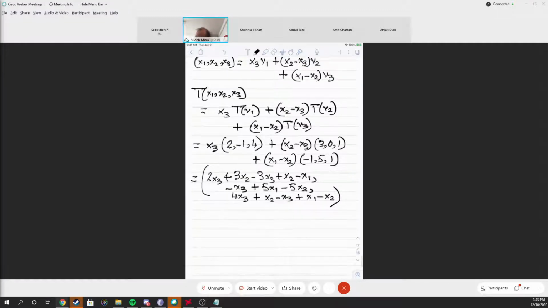So that is equal to minus x1 plus 4x2 minus x3, comma, 5x1 minus 5x2 minus x3, comma, x1, this cancels, plus 4x3 minus x3, sorry, plus 3x3.